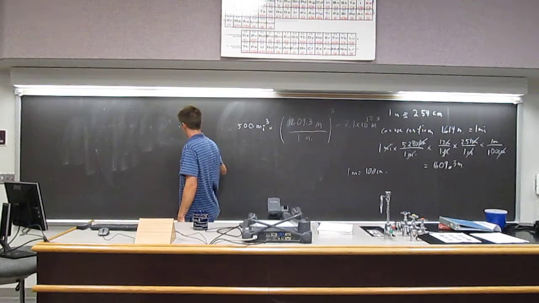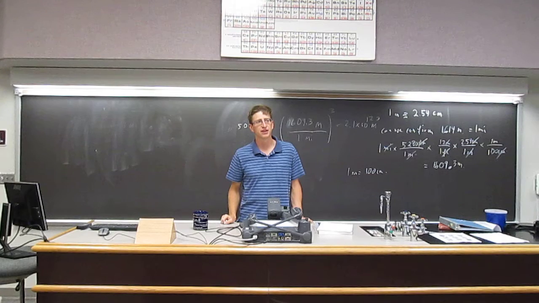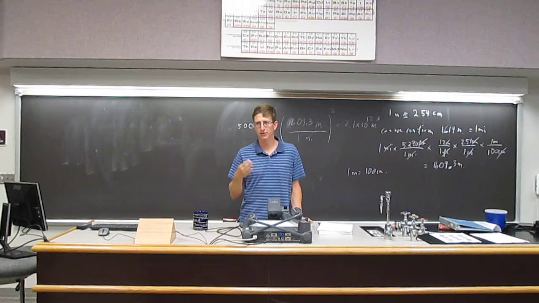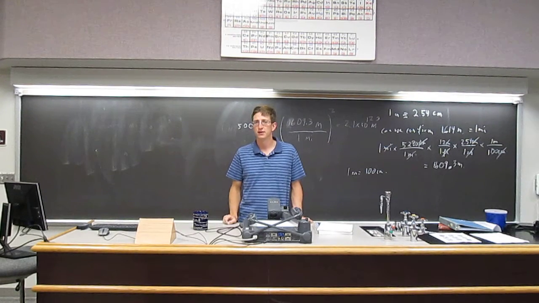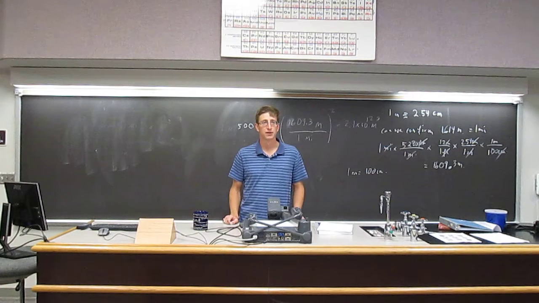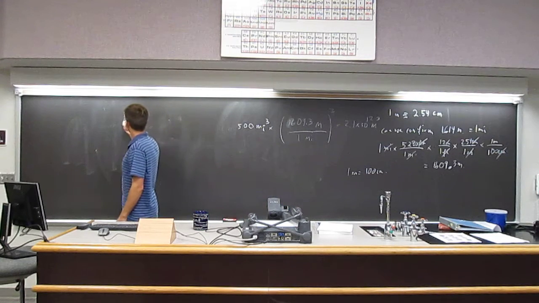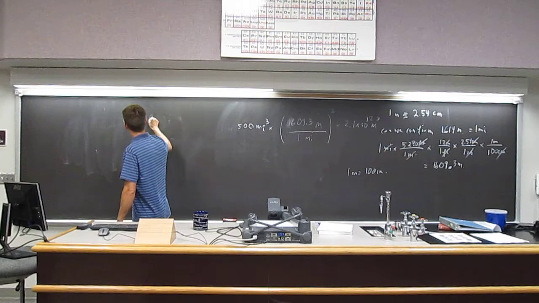I'd like to go with a speed, because in physics we use meters, seconds, kilograms. Around here, we usually have a sense of what a mile per hour is. So let's see if we can figure out the relation between meters per second and miles per hour. We all have a fairly good sense of what maybe 10 miles per hour is.